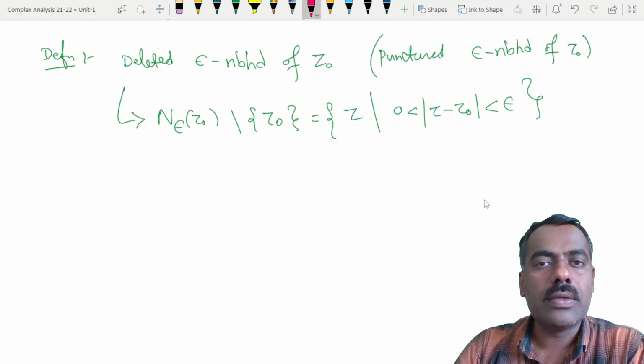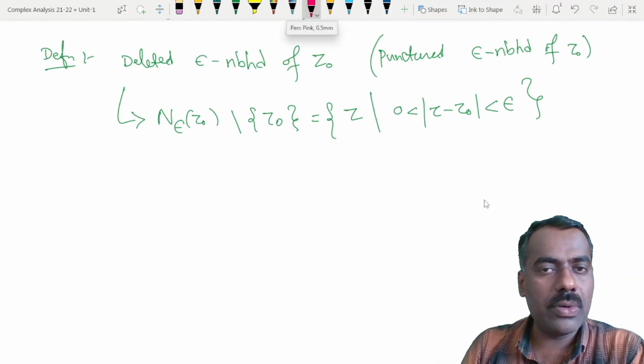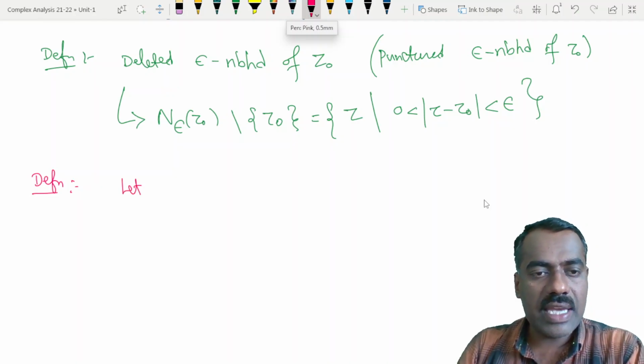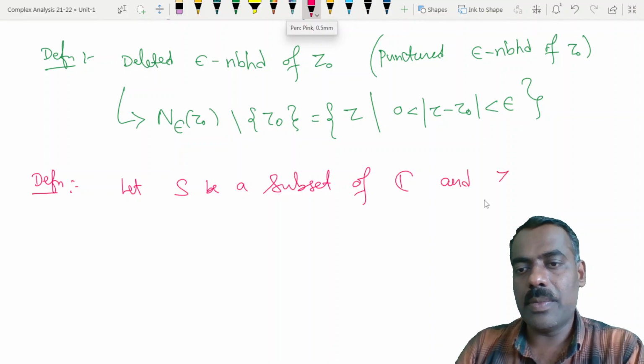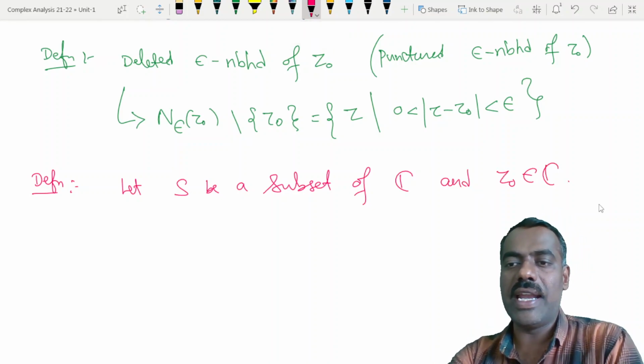Then using these neighborhoods, we will define the following definition. Let S be any subset of the complex plane C, and suppose Z naught is a point in C. You take any point Z naught.